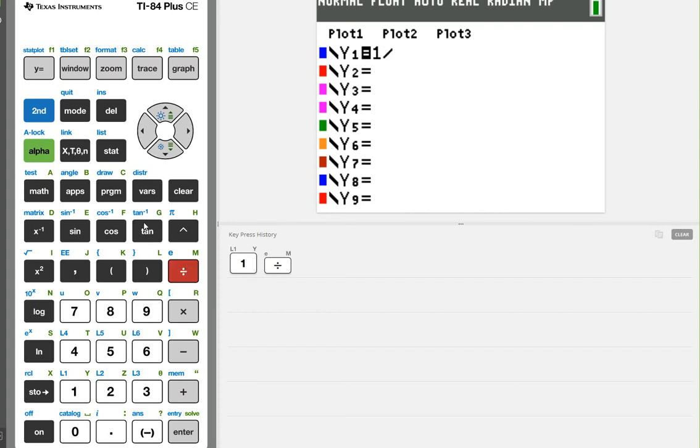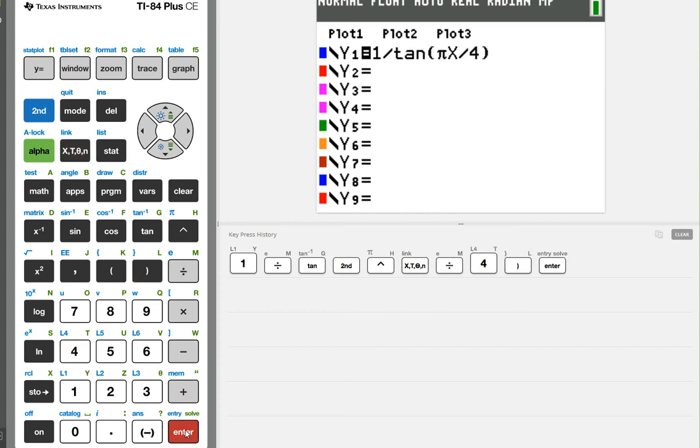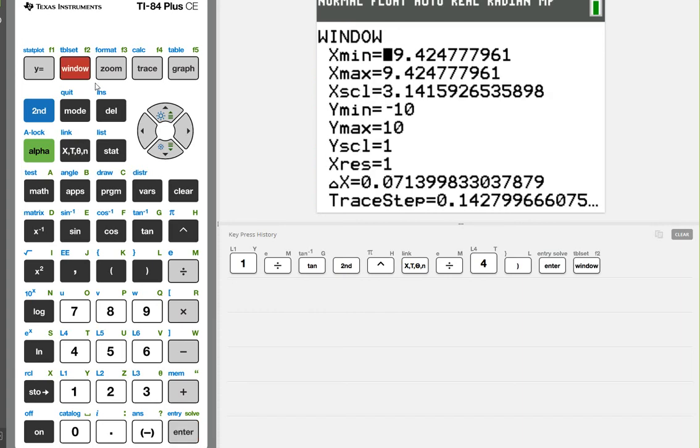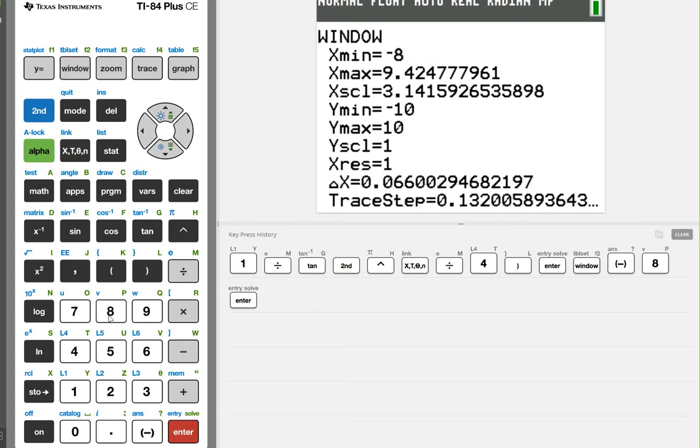1 divided by tangent of pi x, so second up arrow, pi x divided by 4. And there you go. Should be good on that. For the window, I don't think I need to go out this far. Let's go out to -8 to 8.